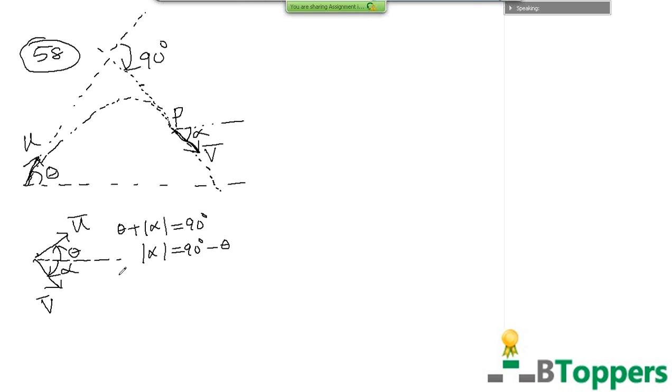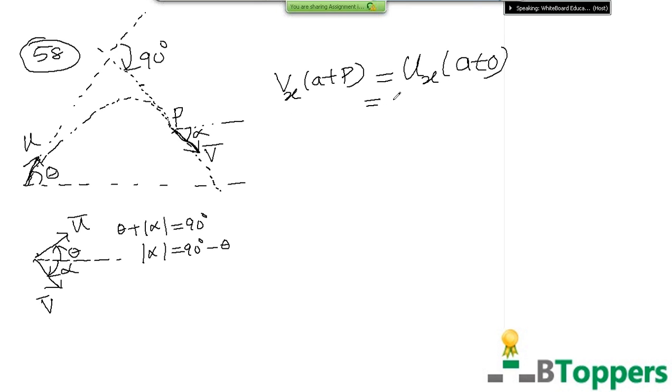The horizontal component of velocity of projectile remains same throughout the motion under influence of gravity. That means magnitude of horizontal velocity at the point P must be same as the magnitude of the horizontal component of initial velocity at the point O. The magnitude of the horizontal velocity at the initial point O can be written as U cos theta.